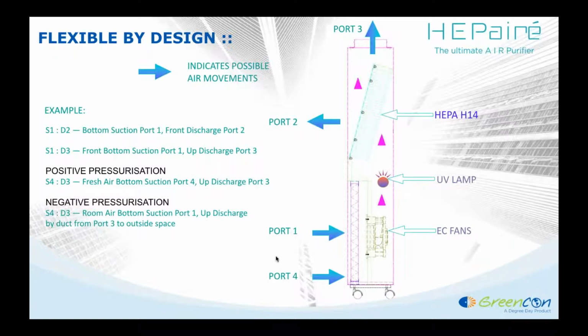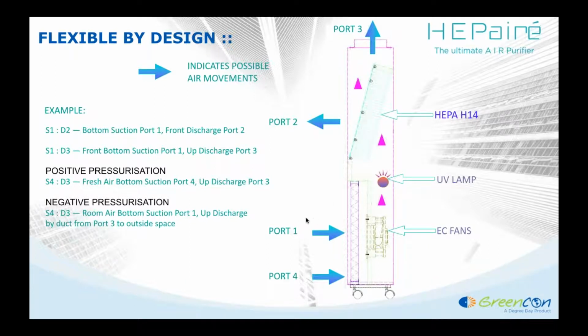So this shows a typical section where port 1 is the suction. It has a pre-filter which is slidable, can move out. You have an AC fan which pushes the air right up to the UVGI. The UVGI would have an exposure on the HEPA filter which is on the top, and that would allow the air to either move out in the front discharge, which is port 2, or it could have a dummy over here and allow the air to move out in port 3.